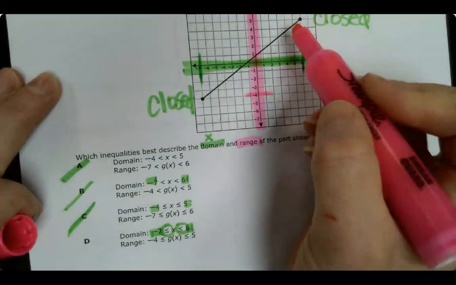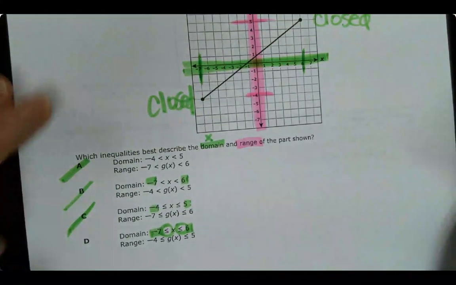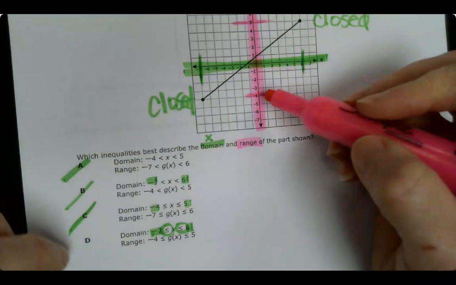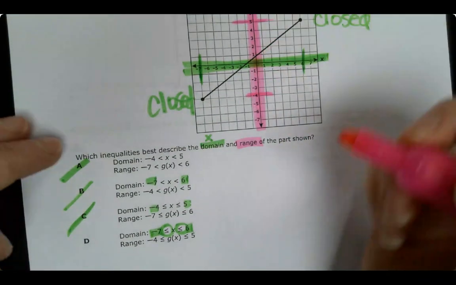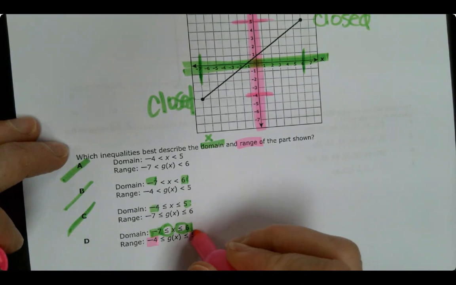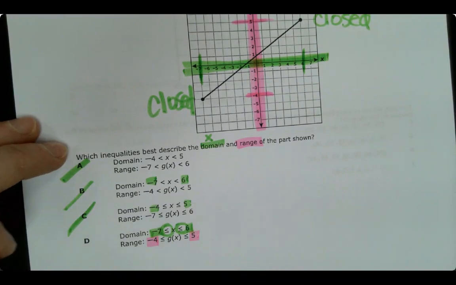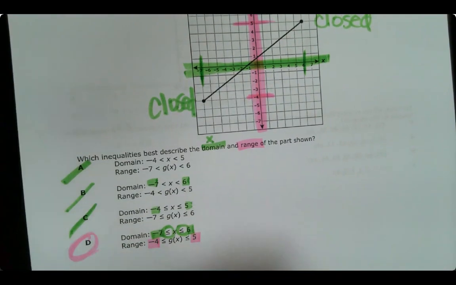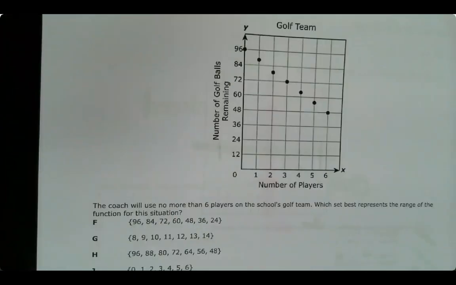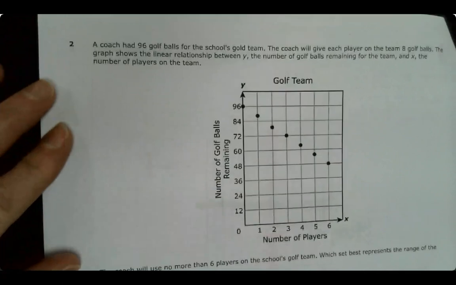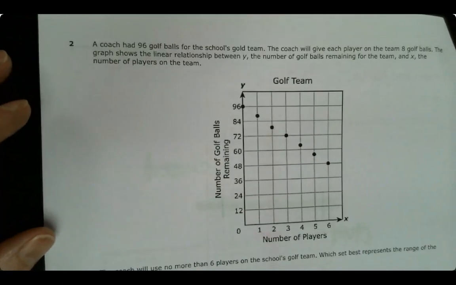So range goes low to high. So that's -4 to +5. And it's closed circle, so that means D is correct. Number 2, go ahead and read that to yourself.